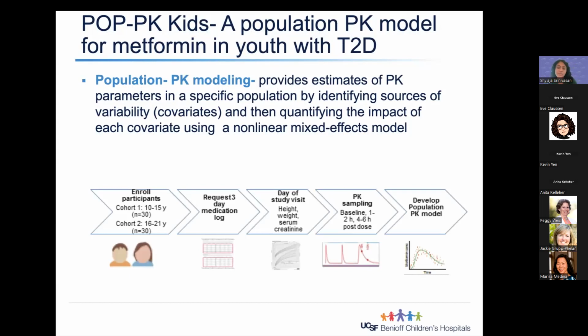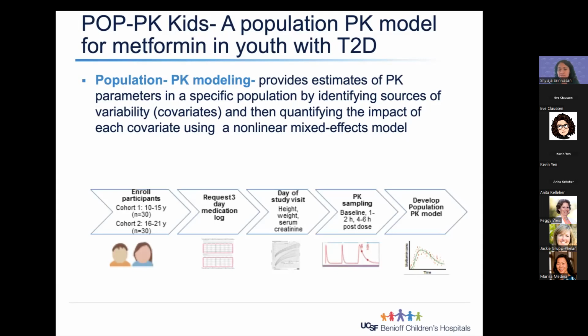We are enrolling participants with type 2 diabetes, requesting a 3-day medication log. It's important that the participants are actually on metformin. And so we ask about metformin use, and also ask that they document a 3-day diary to know when they took their metformin in the 3 days leading up to the study visit.